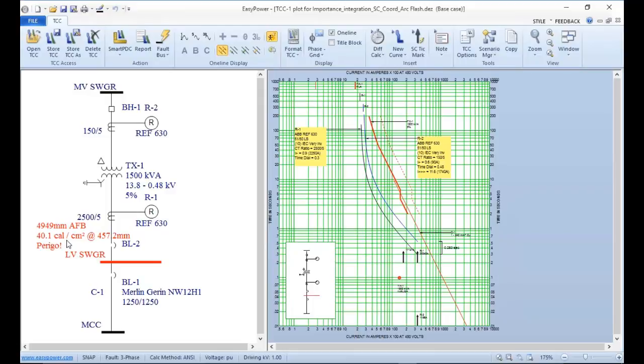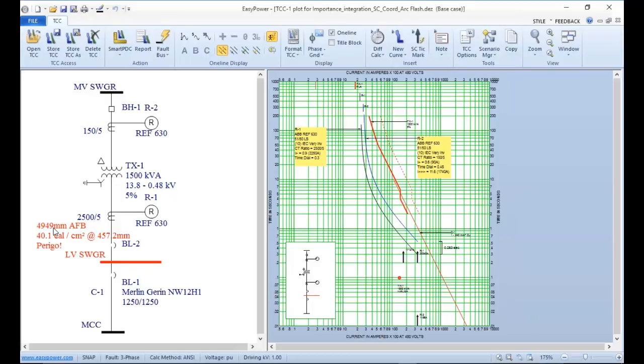So there is no category of clothes that protects any worker. In my language, this value is dangerous, right? Here, so 40.1 is too much energy.